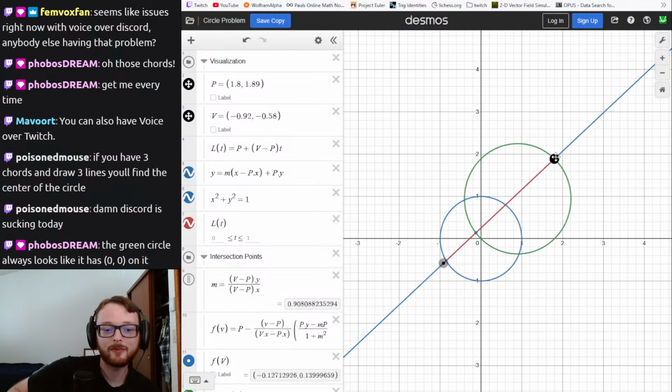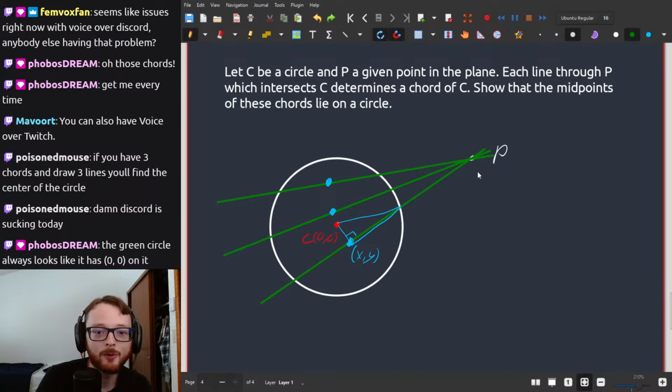So yeah, I was kind of confused about that because that's just the point P that was given in the problem, right? They left now, but Shard in the YouTube chat seemed to think that P would not necessarily be the center of the new circle. I'm still not sure why.